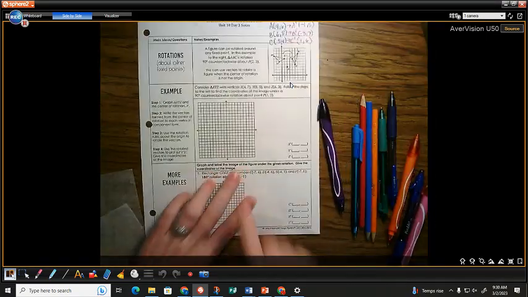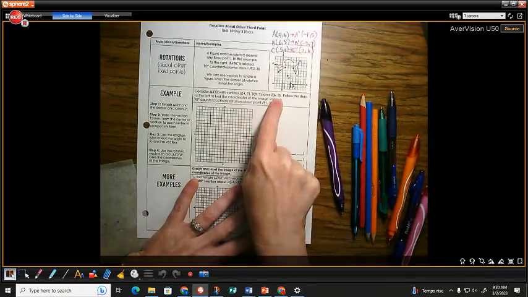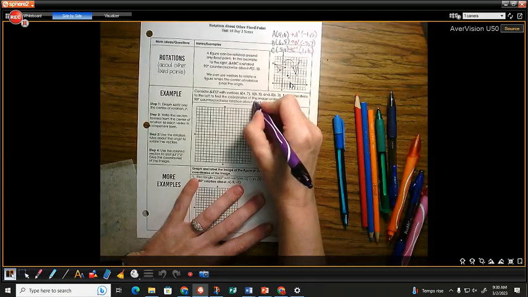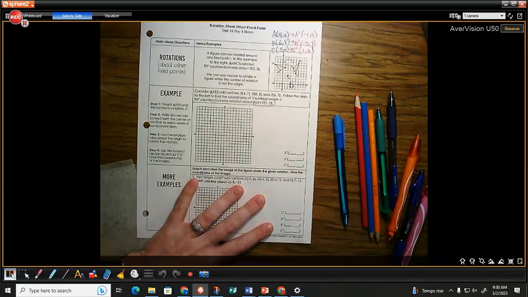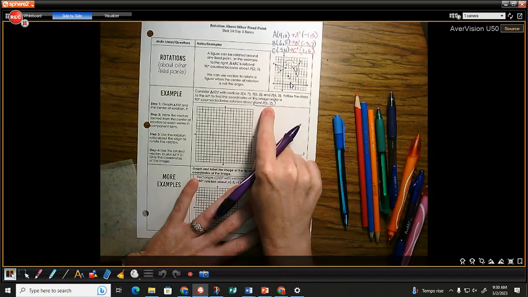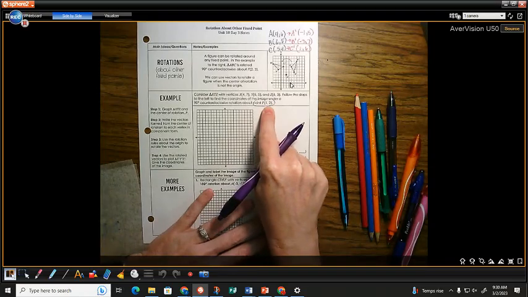So in your notes, you have a first problem here. It says consider triangle XYZ, and you've got these vertices. What I want you to do is see where your center of rotation is. Is it the origin? No. So can I use my fun rules on my points?